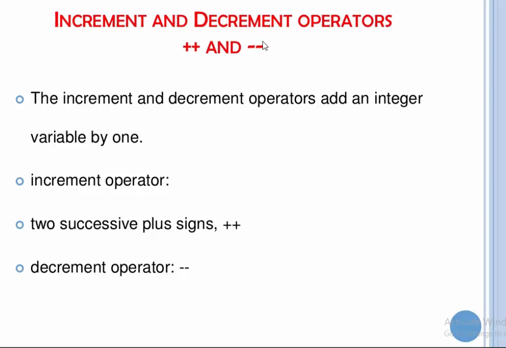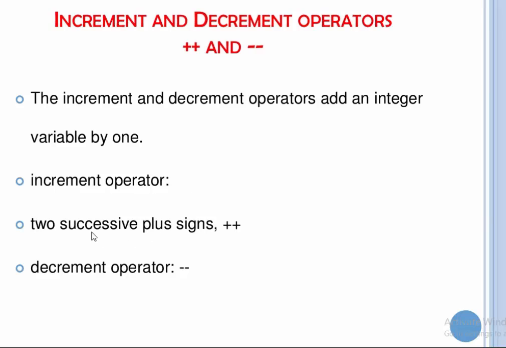These increment and decrement operators operate on an integer variable, so the operand must be an integer type. The increment operator increases the value of a variable by 1.